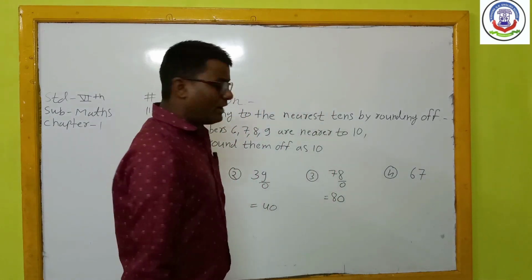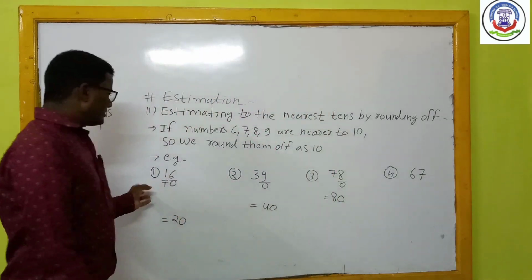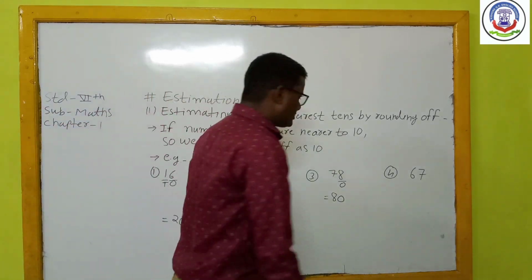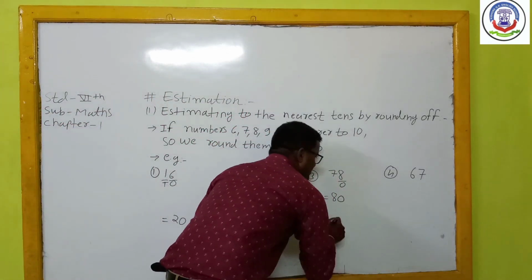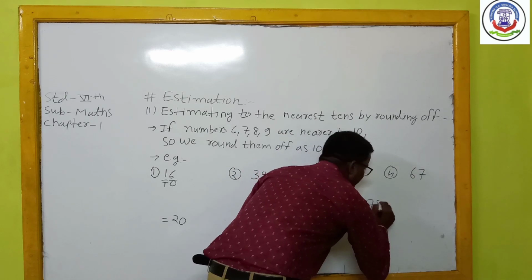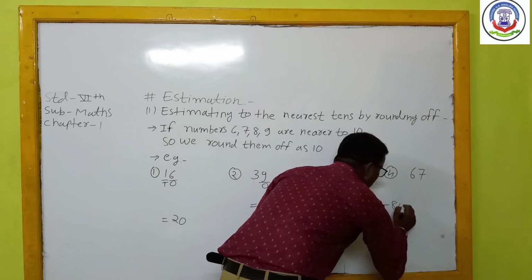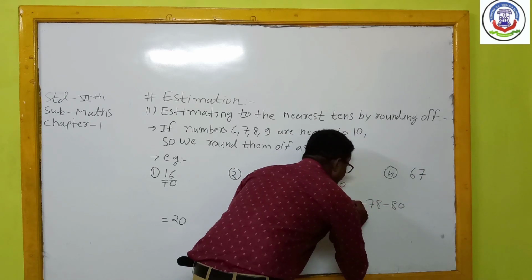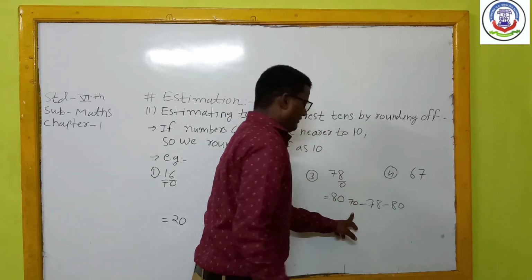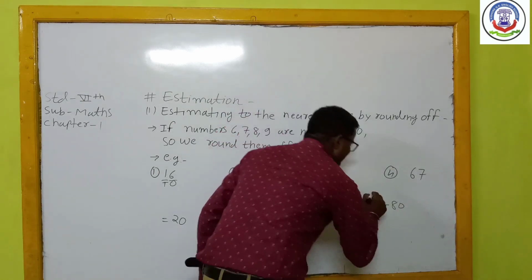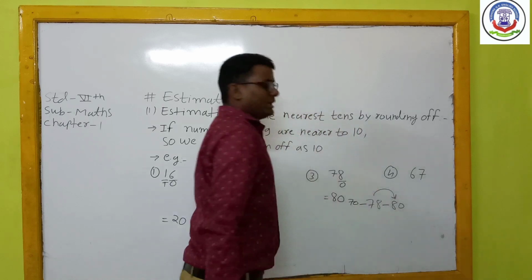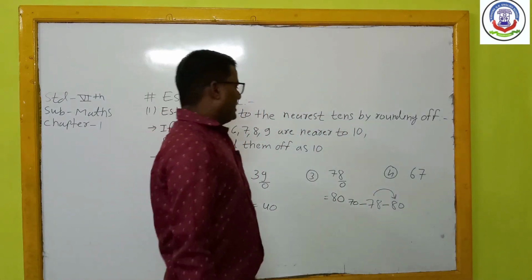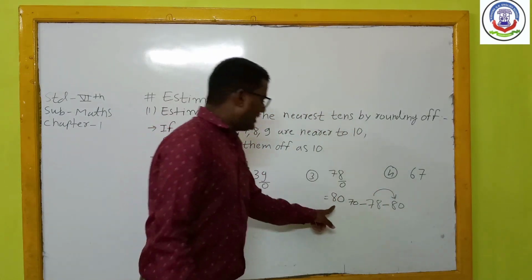Let's see, 78 is between 70 and 80. Now you can clearly see that 78 is nearer to 80, so the rounded off number becomes 80.